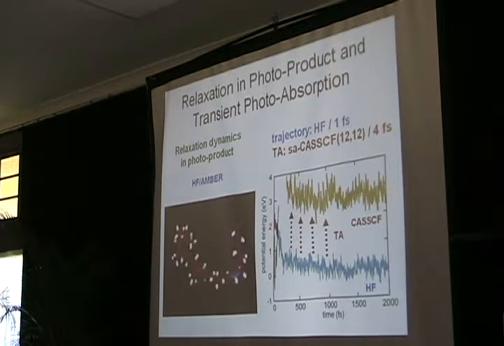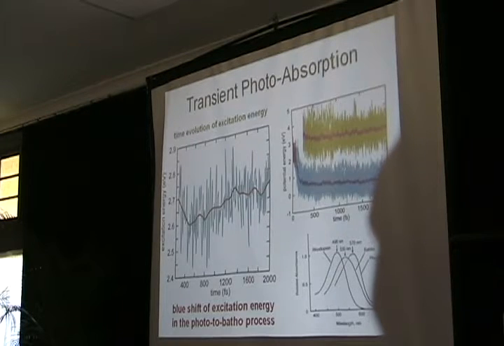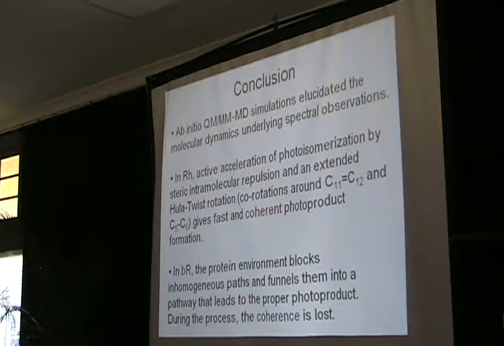We calculated the excitation energy along trajectories and accumulated them, and we really succeeded in reproducing the time-dependent increase of excitation energy, the blue shift, which is observed in experiment. So these are the conclusions, and thank you for your attention.